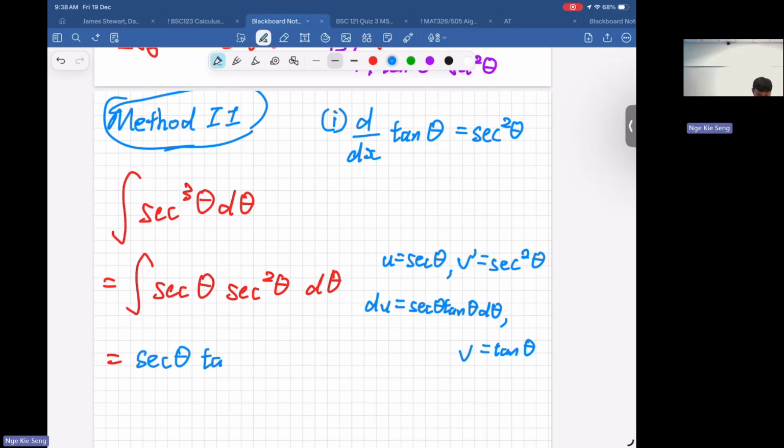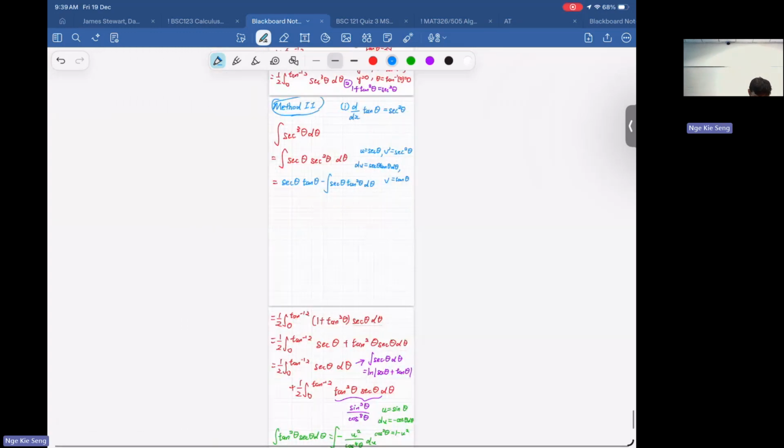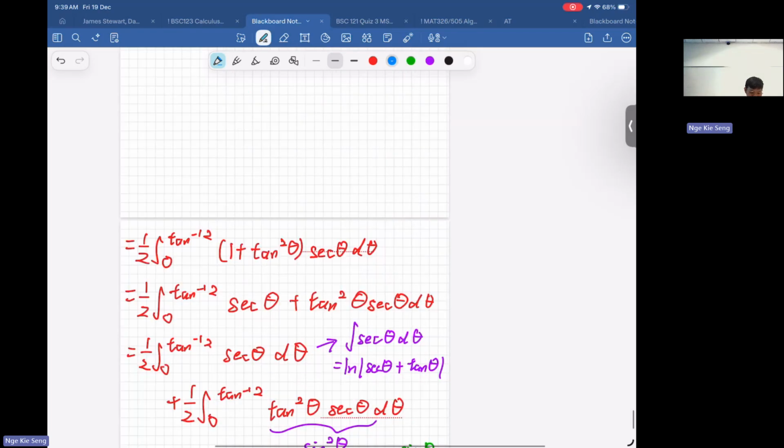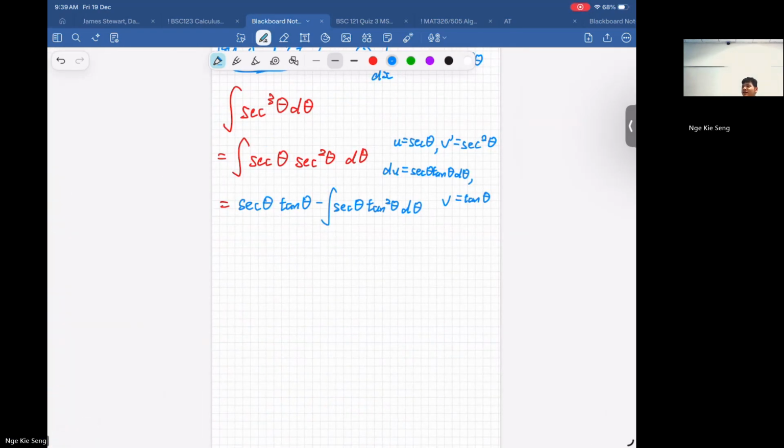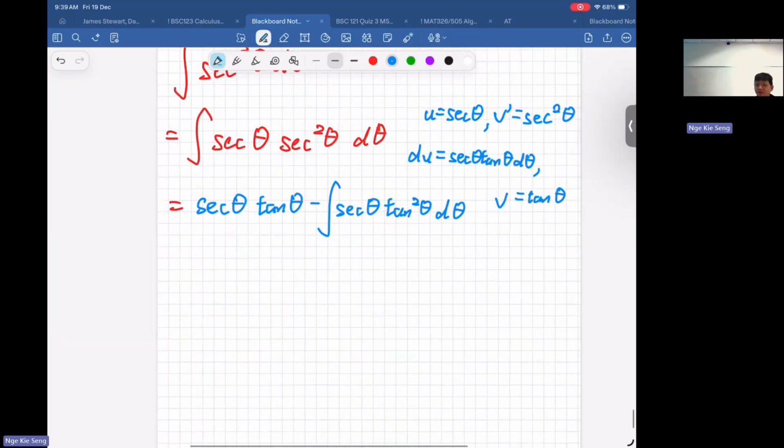So uv minus integral of v du. Is this what you get, Jing? Is this far from what we got just now? And we also have this term. So how do you settle this tangent square secant theta? How do you settle the second term? We have the same thing up to here. We got the same term.